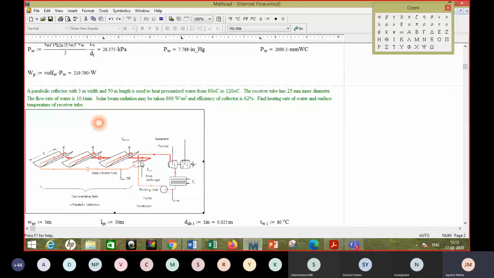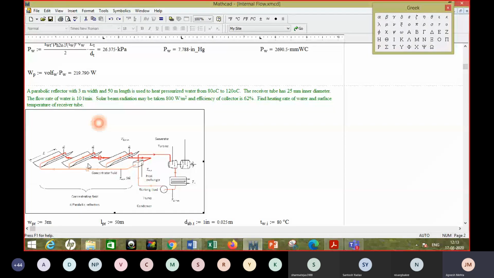What is being done is there is one circuit, which is the thermic fluid or oil circuit, and the oil is being circulated through these parabolas. Though they seem to be in parallel in this diagram, in our problem they are not in parallel.